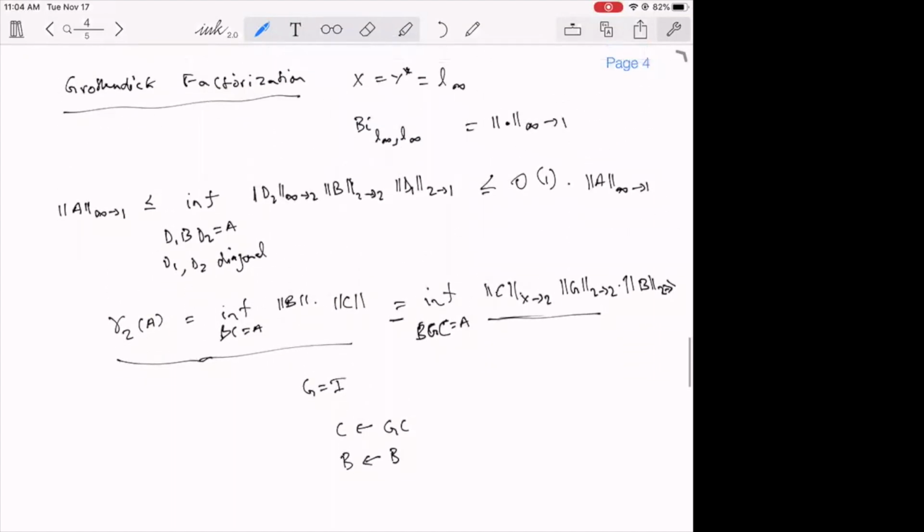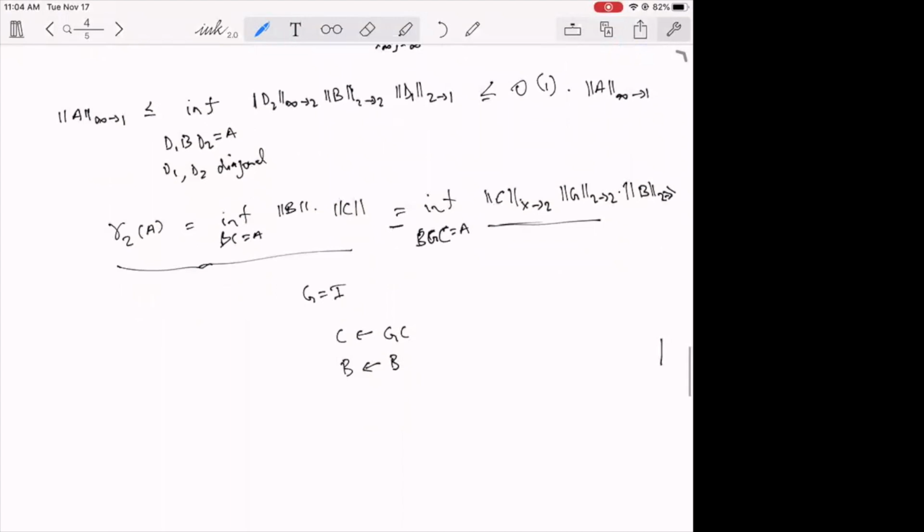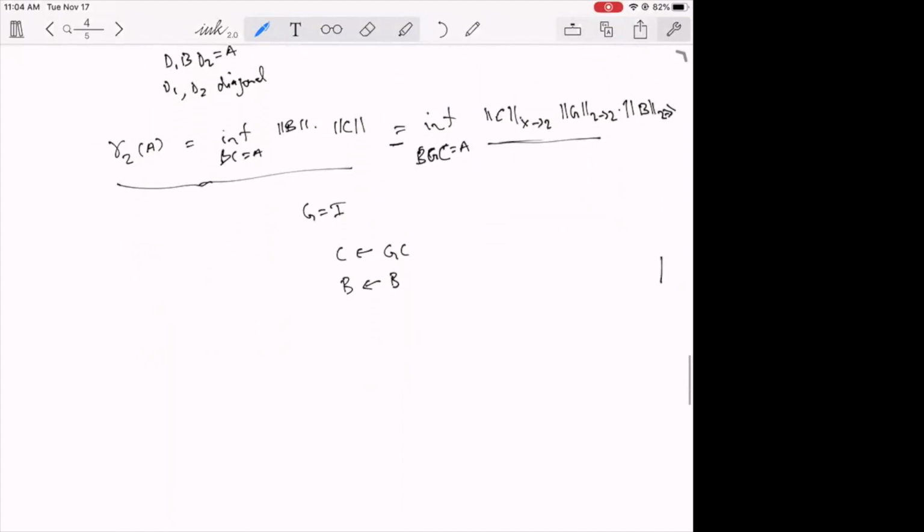Yeah, so let me first mention some motivation very briefly for talking about this. Grothendieck's factorization theorem has not only transformed functional analysis, it has by now appeared in many different, seemingly unrelated places in theoretical computer science.